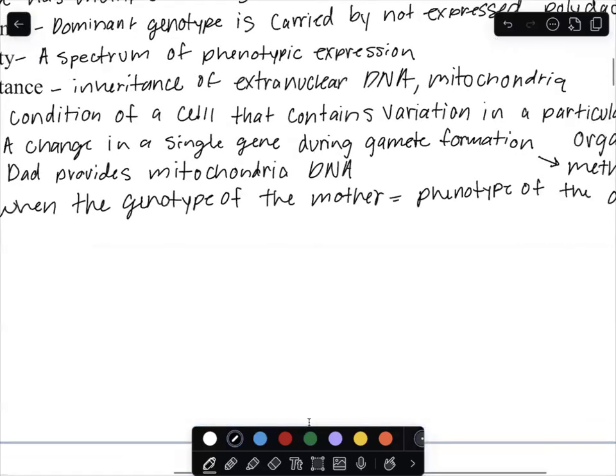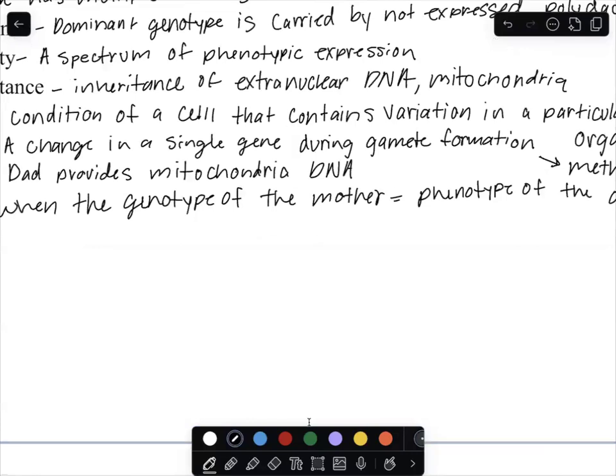So an example of this is the snails. So if the mother's genotype is dextral, then the phenotype of the offspring will also be dextral.